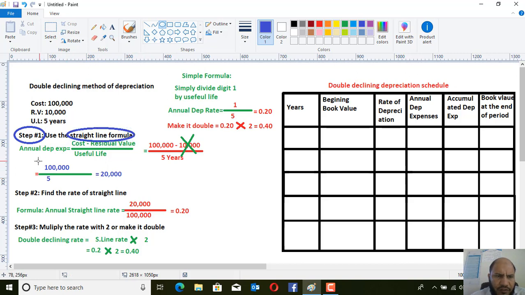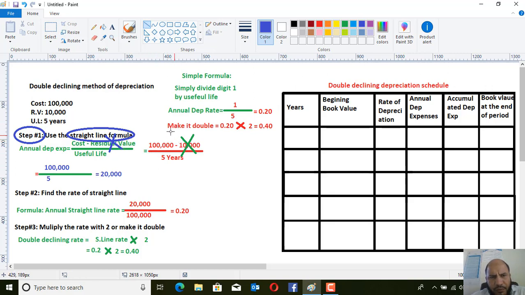Annual depreciation expense is equal to cost of the equipment minus residual value, divided by useful life. But keep in mind that in this formula we will not use the residual value. Directly we will divide cost by useful life.